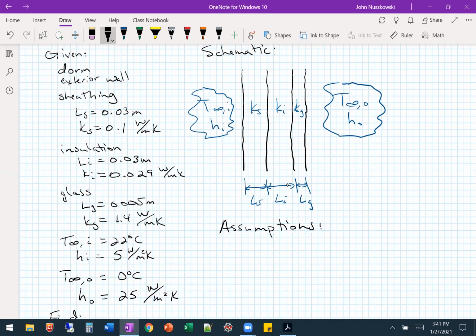So we have sheathing, insulation, architectural glass, and we have the convection on the inside and outside of it. So the original just has sheathing. The retrofit has where we're adding the insulation and the architectural glass. Okay, so where do we begin this problem?